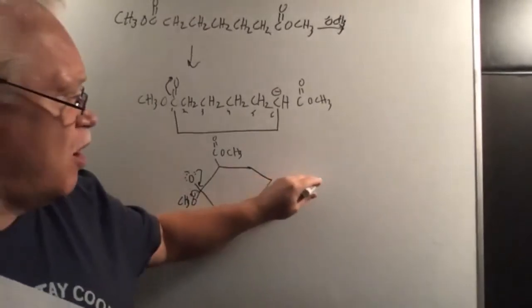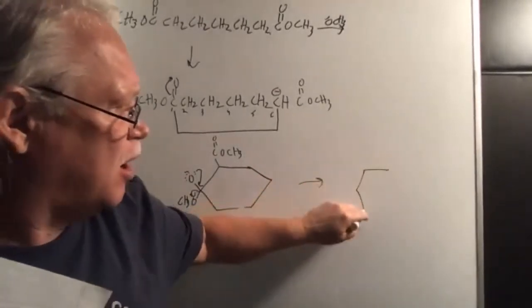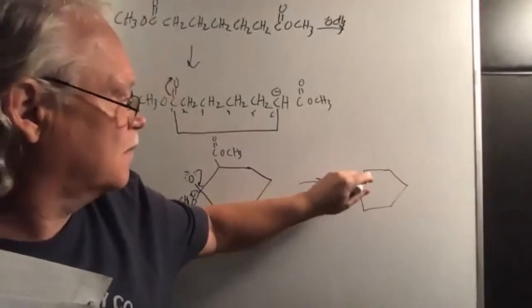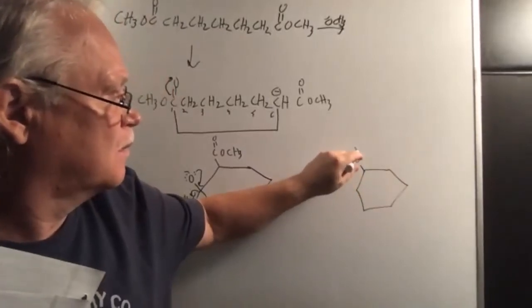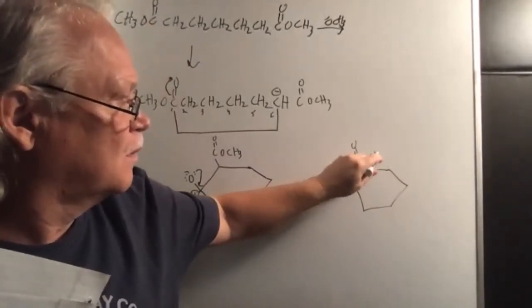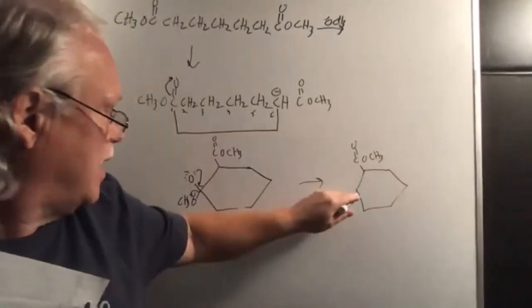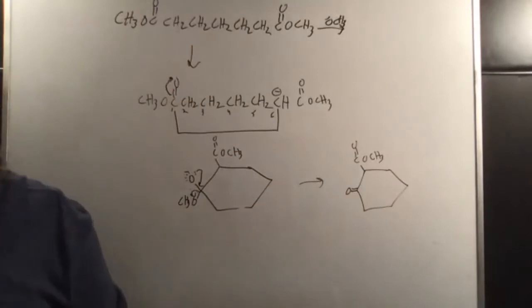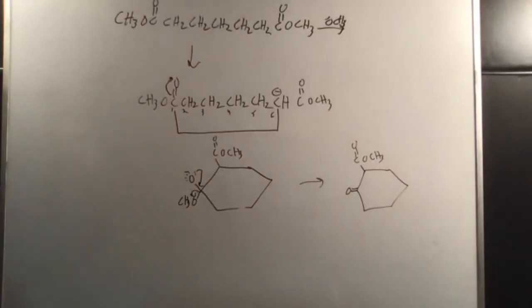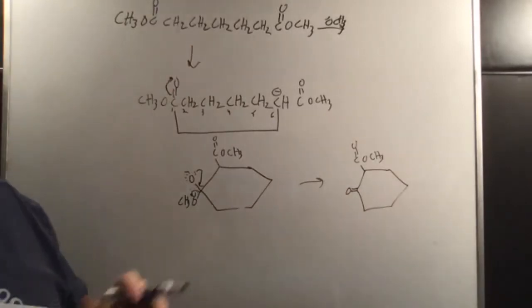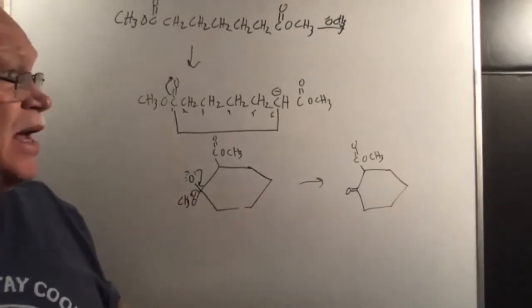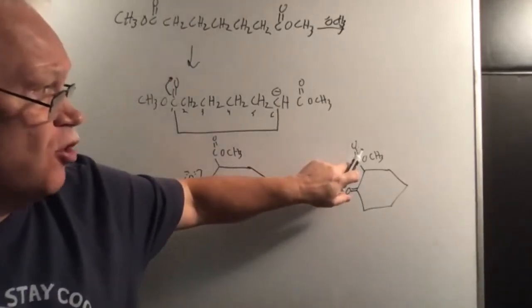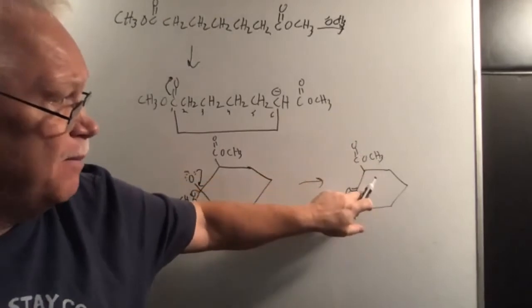And notice the product of this then would be what? And now I have a double bond here. If I've done this correctly, the product should be a beta keto ester. There's my ester carbon, alpha, beta.